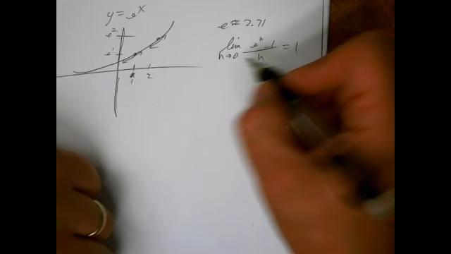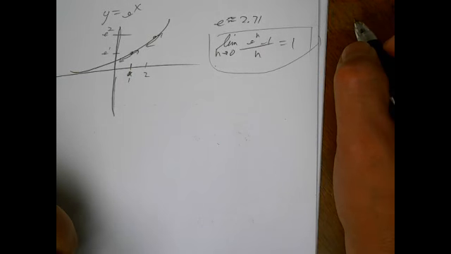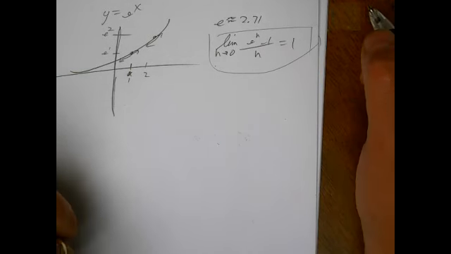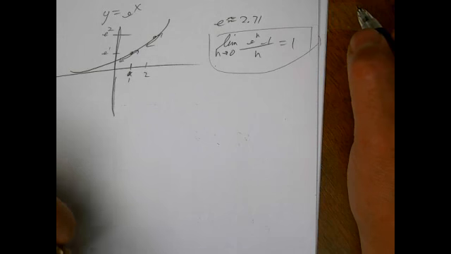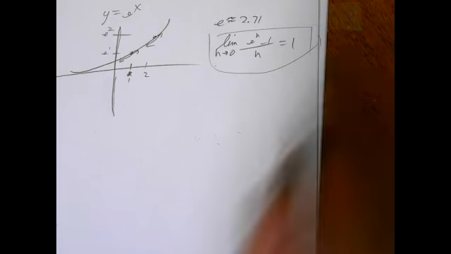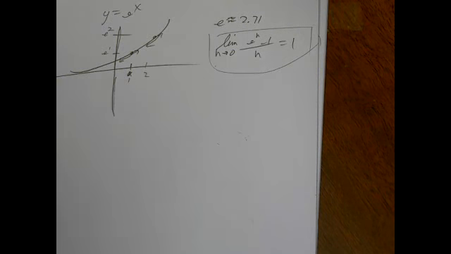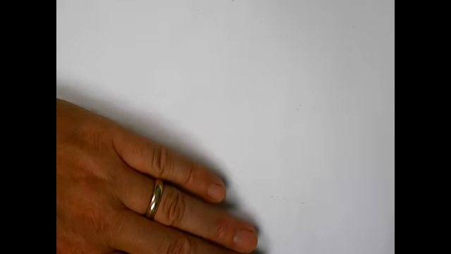And this is just a fancy way of saying its slope at 1 is e to the first. Regardless, that will come up later. It's a very important function. What this all boils down to is a function that is its own derivative. It was created specifically for that purpose.